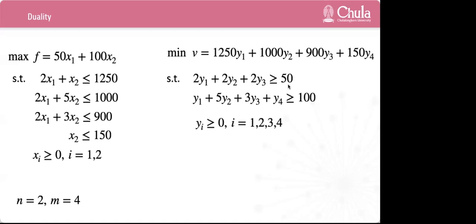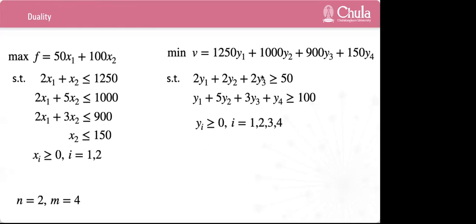And the 50, we obtain as the right hand side of the constraint from the coefficient of the original problem. For the second constraint, we extract 1y1, 5y2, 3y3, and 1y4.